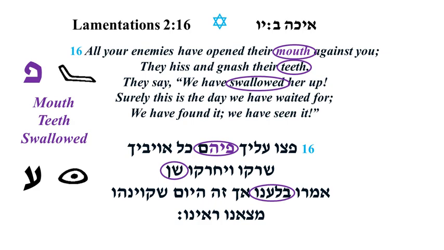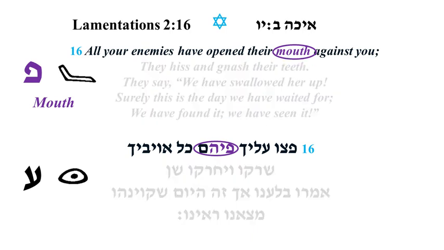We have found it, we have seen it. Seen it represents eyes, the seeing, eye. And you know what? The letter Ayin represents the eye. So we've got mouth, we've got teeth, we've got swallowing, and then we have seen, eye. Yeah, the verse even has the content switched. It talks about mouth before seeing.